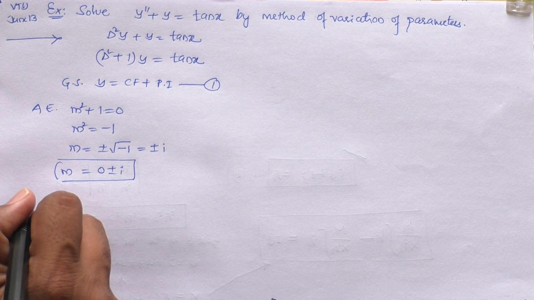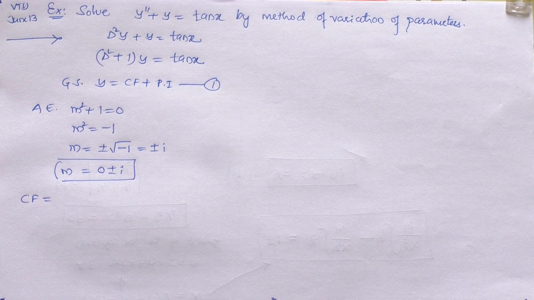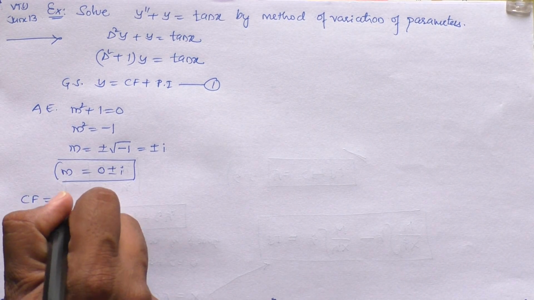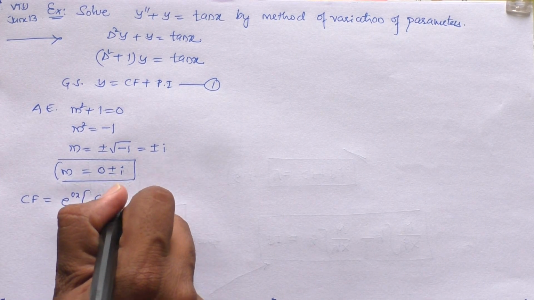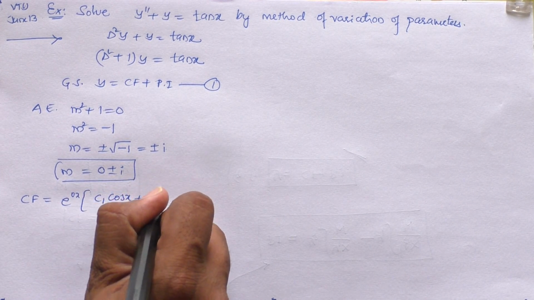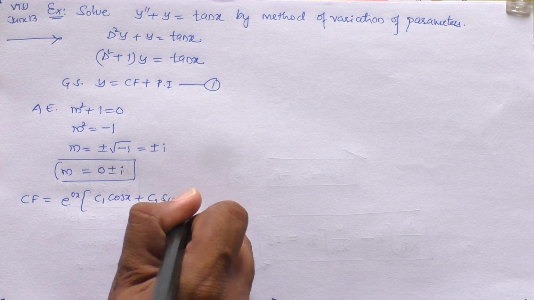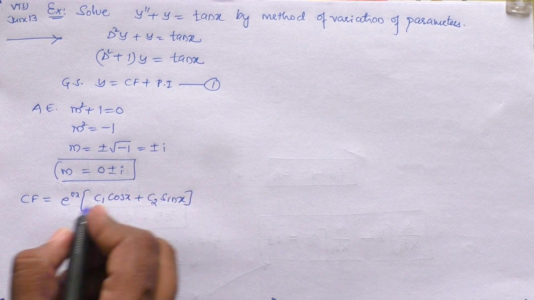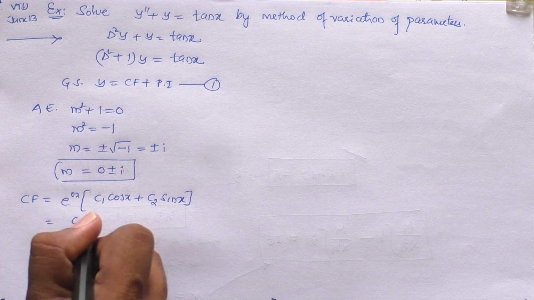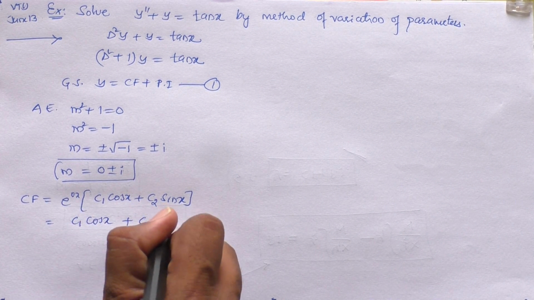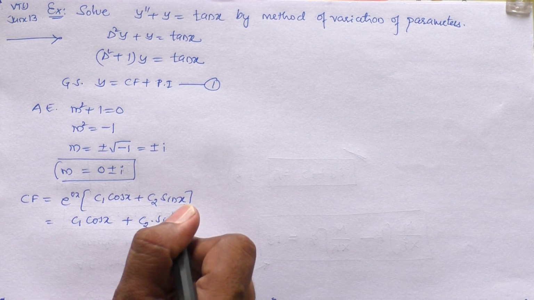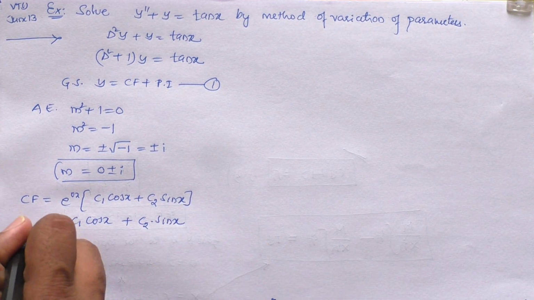If complex roots, we write CF as e raised to 0x into c1 cos x plus c2 sin x. So here e raised to 0 is 1. So c1 cos x plus c2 sin x. So now this is CF.